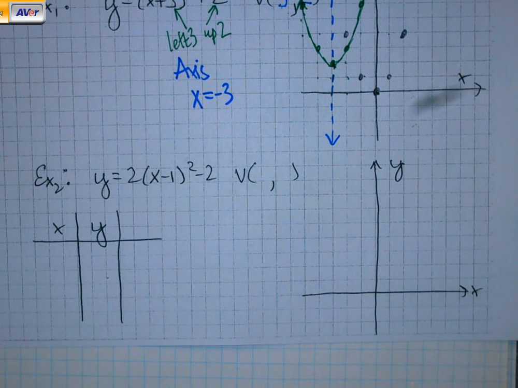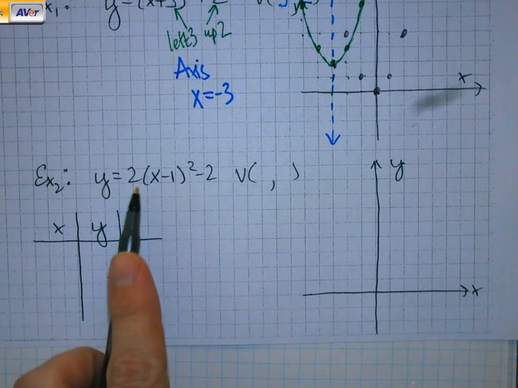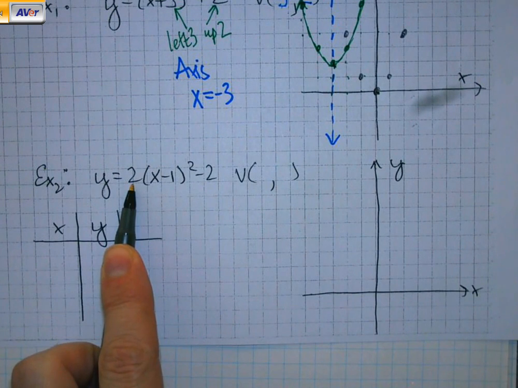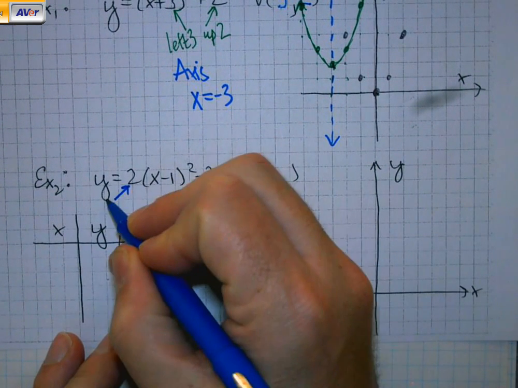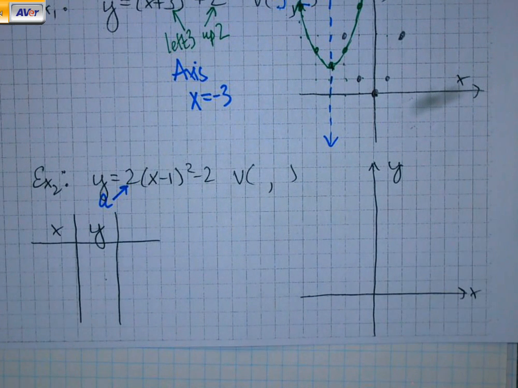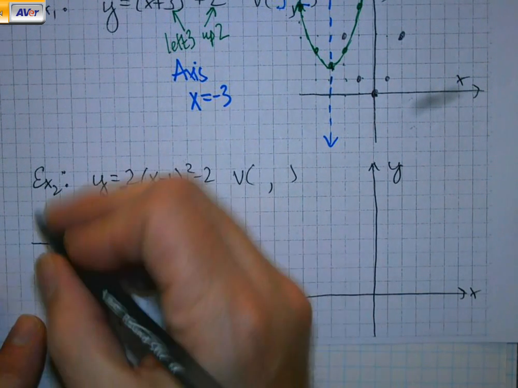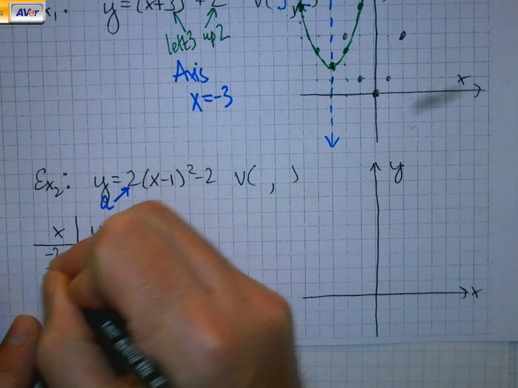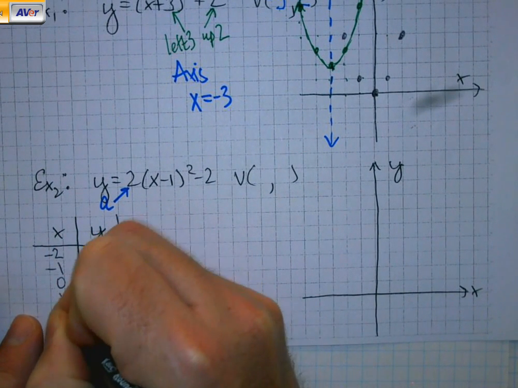One twist, though, with these. What happens if there's a number in front? What happens if I have an a value that isn't 1? Well, we would do the exact same thing that we did when we were graphing the quadratics, for those of you that were parent graph people. My x values wouldn't change.